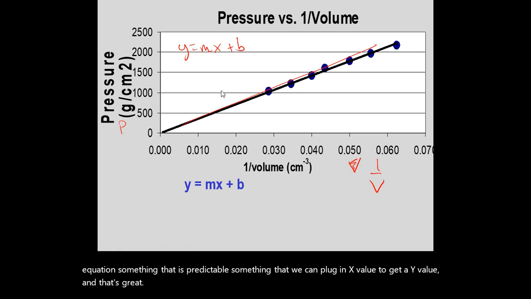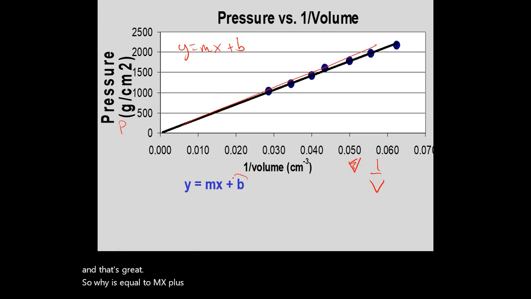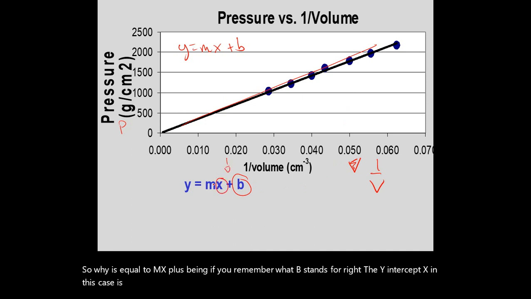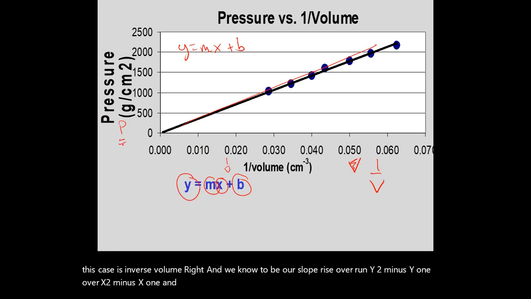So y = mx + b, and if you remember what b stands for, the y-intercept; x in this case is inverse volume; m we know to be our slope, rise over run, (y2 - y1) over (x2 - x1); and y in this case is pressure.